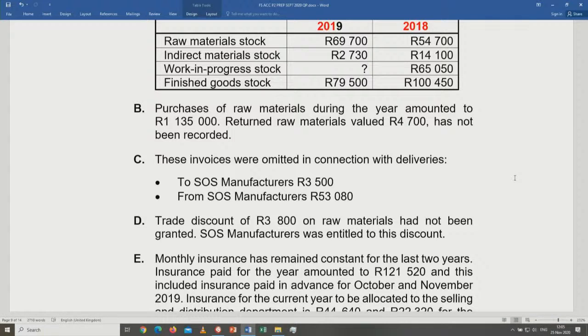Let's go to our question paper. We must now deal with that 1,135,000 and we must deal with the 4,700. The 1,135,000 is stock that we bought, so it must be added. The 4,700 is stock that we have returned and not recorded, so we must subtract that stock now, right? Let's do that quickly.